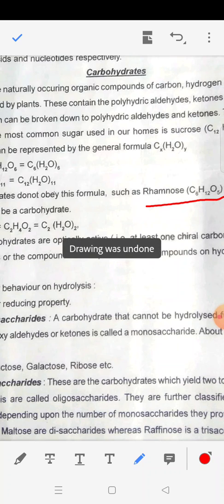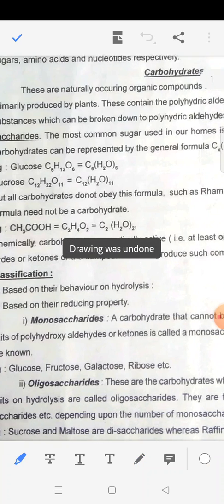You can see rhamnose has the formula C6H12O5. So here you cannot take out any number common to have H2O as one unit. So rhamnose is a carbohydrate, but it doesn't obey the general formula.